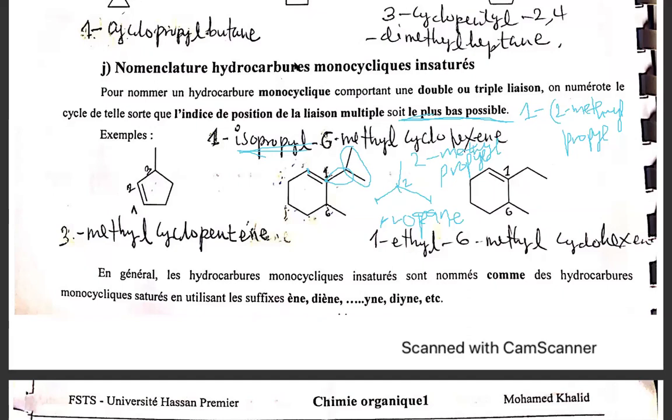So let me just re-explain how we came up with the nomenclature of this substituent. Isopropyl, if I draw it properly, the one is facing upward. If I draw it like this, it would be something like this.